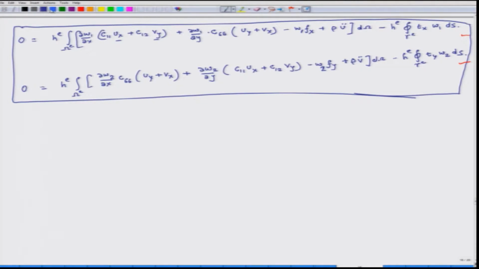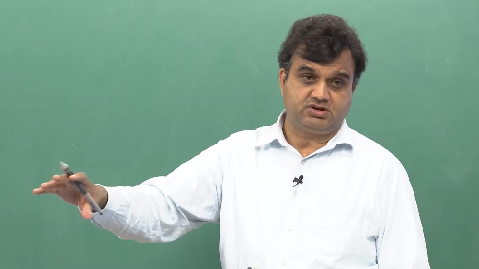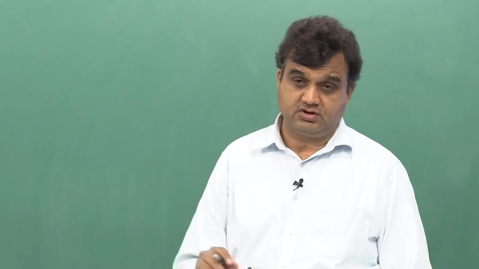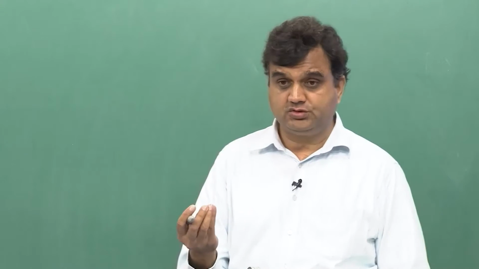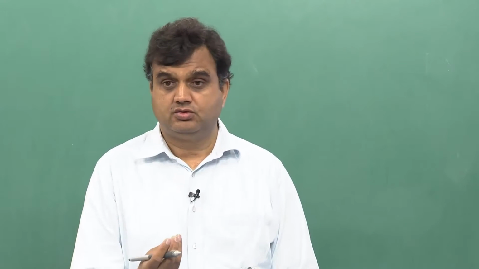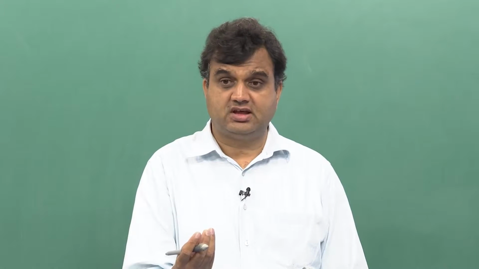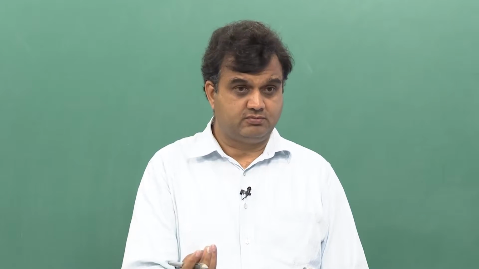So, now we know that u for any element, this is a dynamic problem. So, it depends on x, it depends on y, and it also depends on time. The way we do this approximation is that in space, we use our approximation functions, and the values of u's at nodes, they themselves are functions of time.